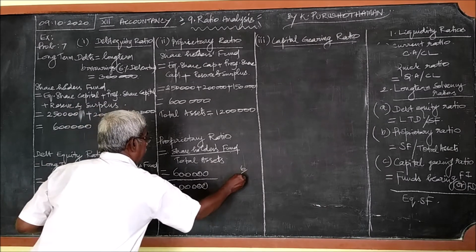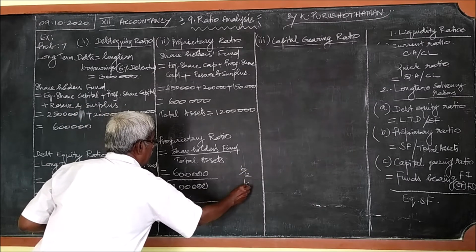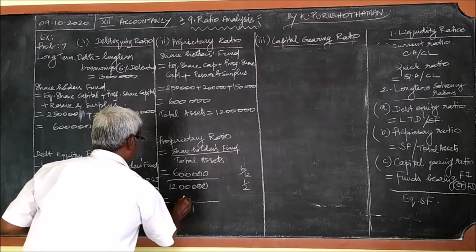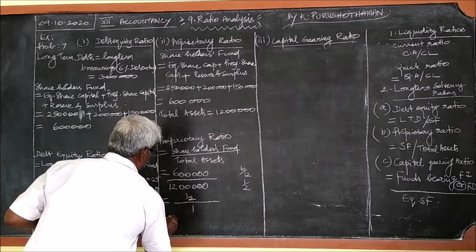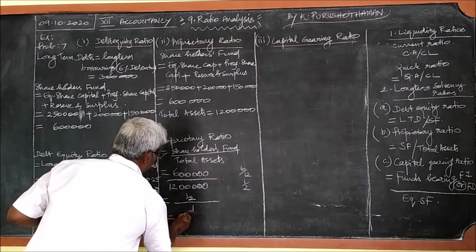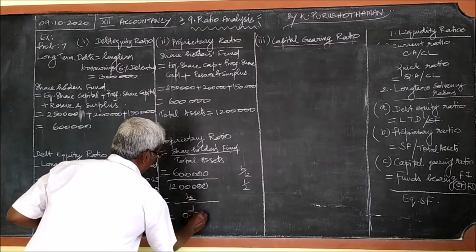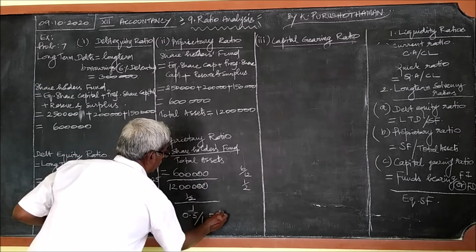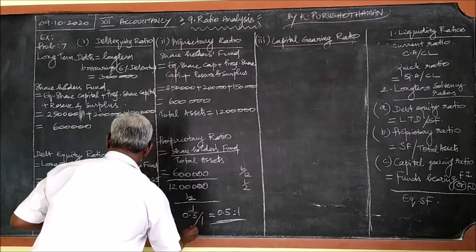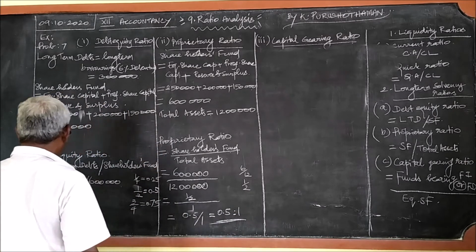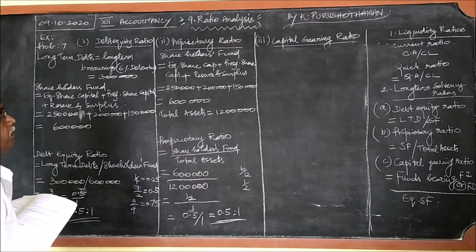This is 6 by 12 and this is equal to 1 by 2, which is equal to 0.5 by 1, equal to 0.5 is to 1. This is the proprietary ratio.